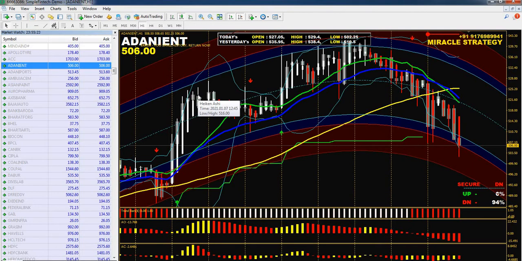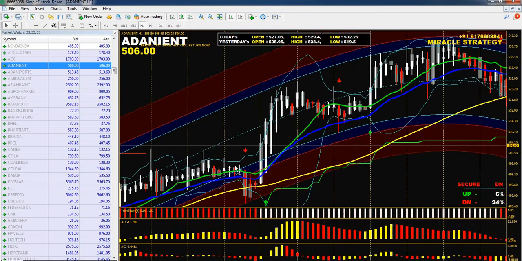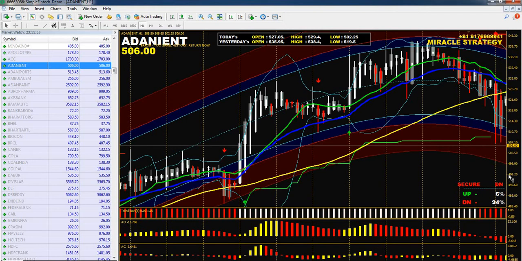Maybe you can see what is the entry that we are getting here. We have got this entry at this level, and if you see here, this entry is somewhere near 496. So at this entry we can see the calculation of nearly 5 to 7% minimum we target, and you see how much it has gone upside here.